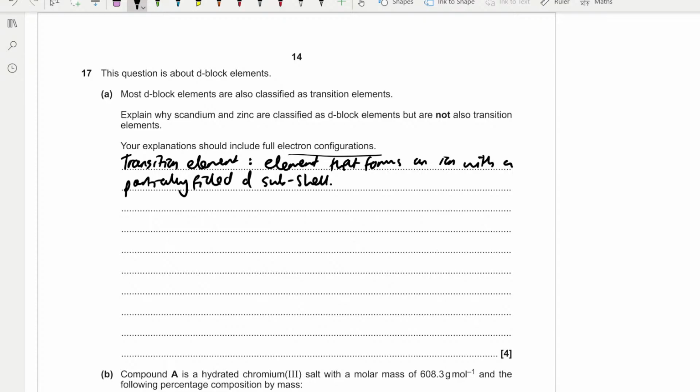And a D block element is where the D subshell has the highest energy electron. Or you would say orbital actually.